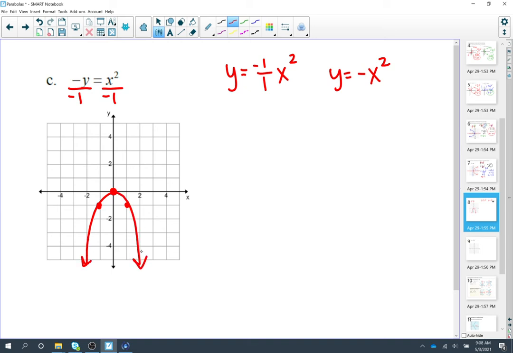But the problem here is they also want you to label your focus and directrix and your axis of symmetry. The axis of symmetry this time, x equals 0. We could do that one. But now we have to go find our focus and directrix. So if we're going to find our focus and directrix, I need to know our p value, which is going to be down here, and that's your 4p.